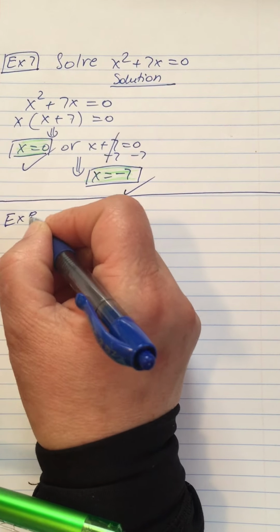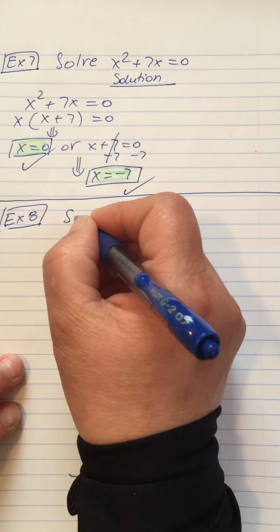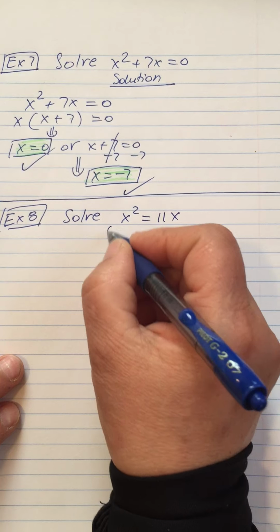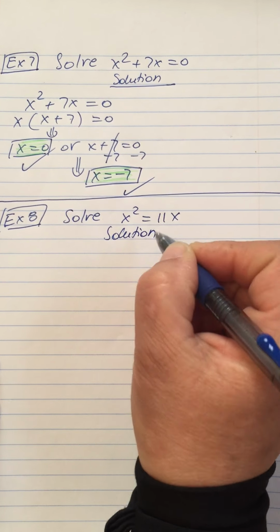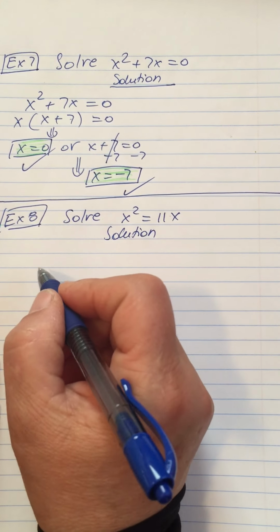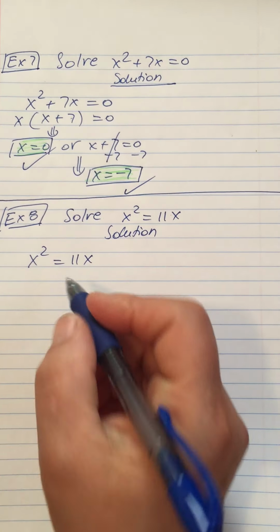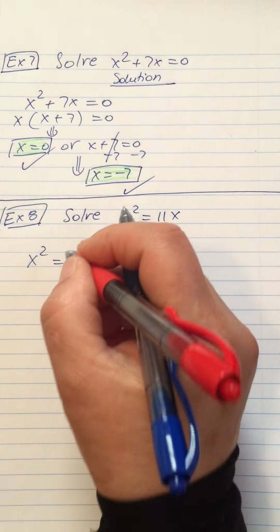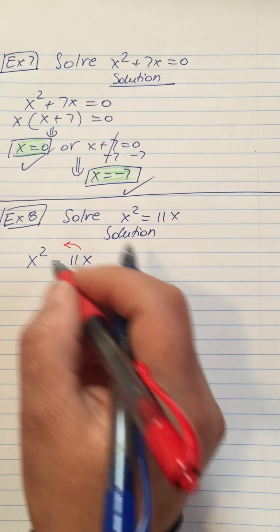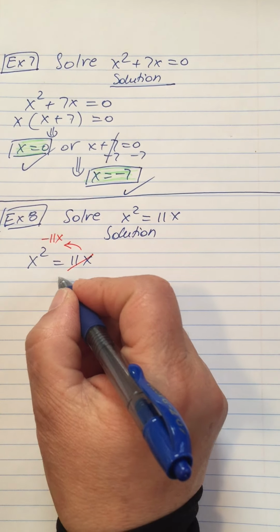Example 8. I want to solve x squared is equal to 11x. Now I see that my terms are not on the same side, so I have to remove 11x. So I have x squared is equal to 11x. So instead of subtracting 11x from both sides, I am doing this in my mind. I'm changing the side of 11x by changing the sign. And this is gone. And now here I have 0.